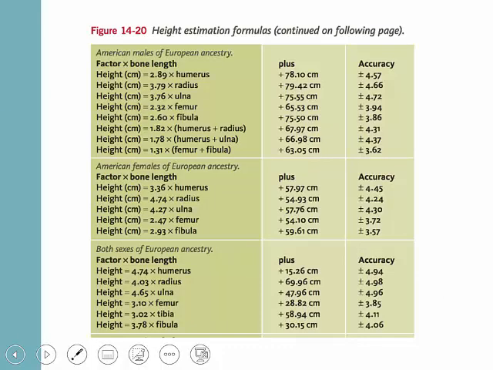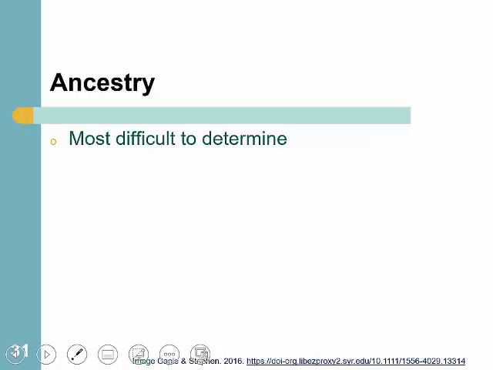This is just an example of some of the formulas that you can use based on the bone that you have, and again, whether you're male or female and what your ancestry is. And there's a number of these based on, again, sex and ancestry. They're all based on statistical databases, measuring people's bones of known ancestry and known sex, and then entering them into the database and statistically determining what the formula should be.